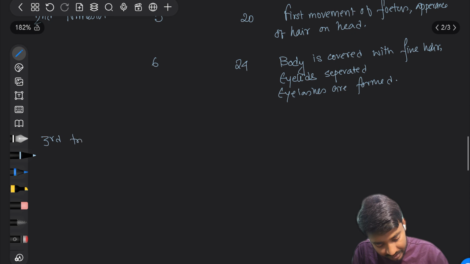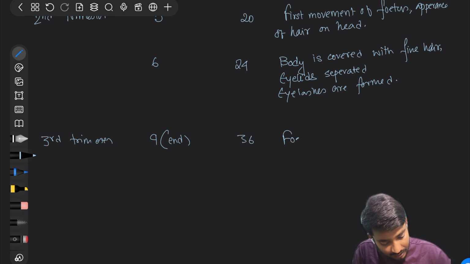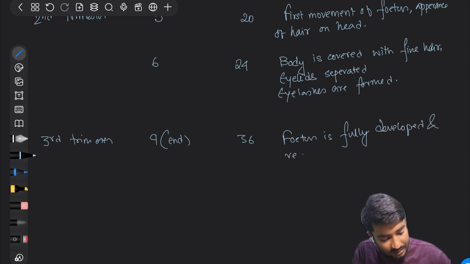And in the third trimester, that is the 9th month, on the 36th week, the fetus is fully developed and is ready to deliver.